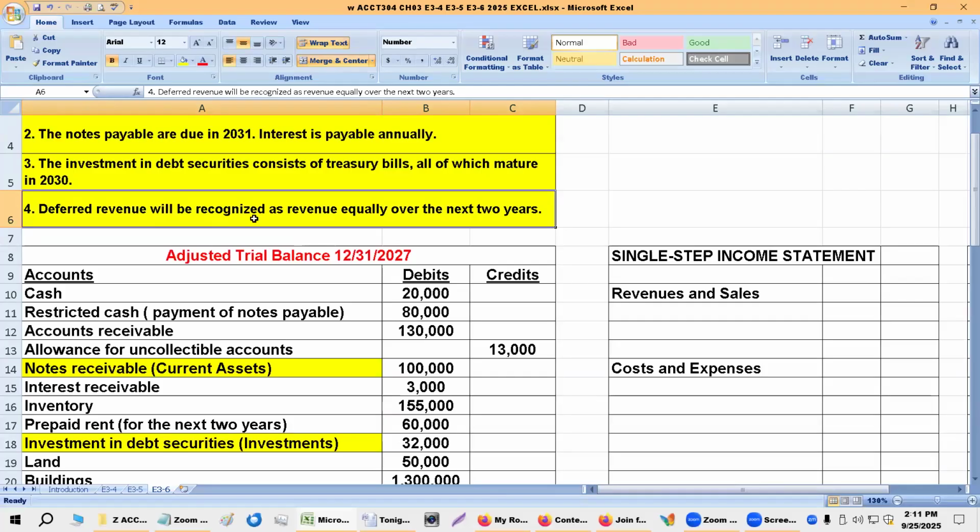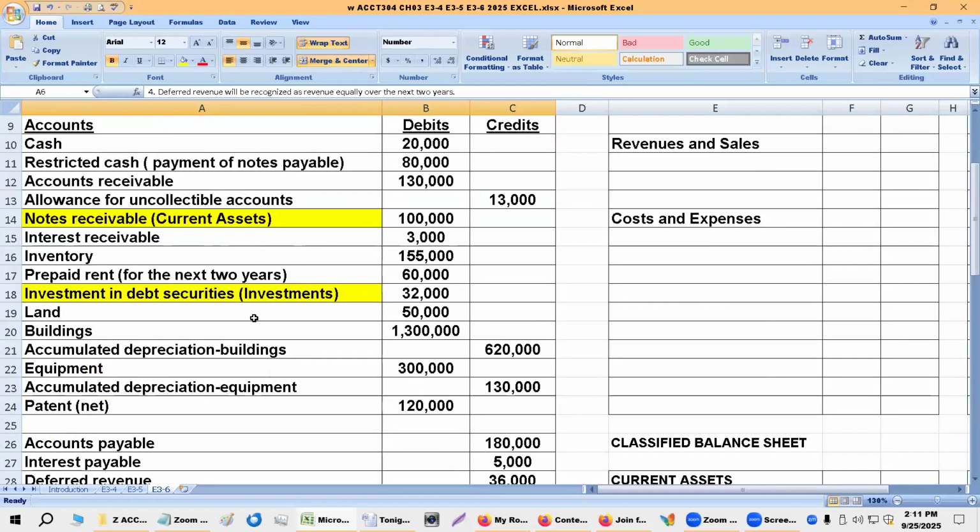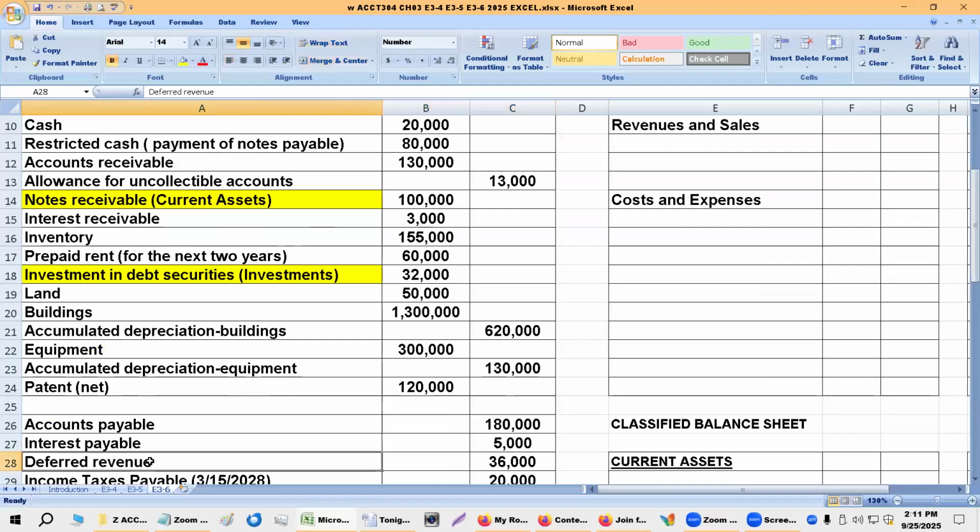Current liability, non-current, or both? So next year we're going to recognize some, and the year after we're going to recognize the other half of it.